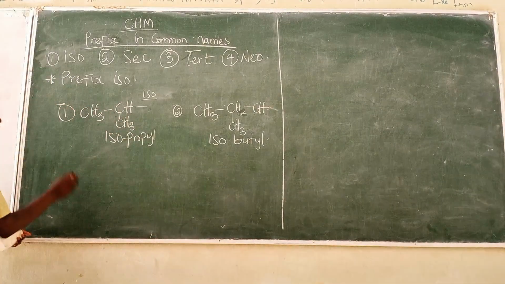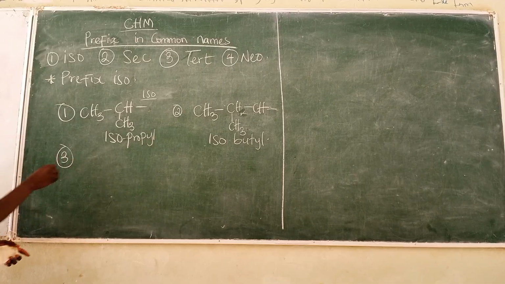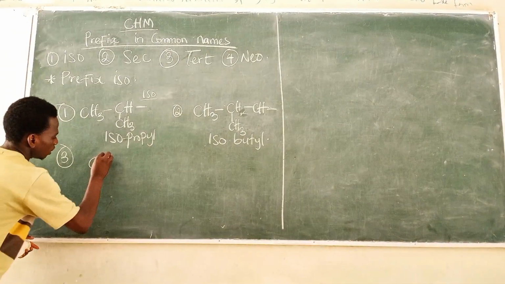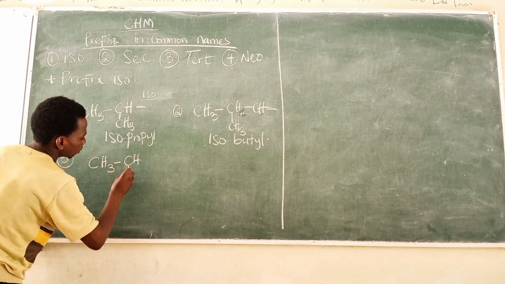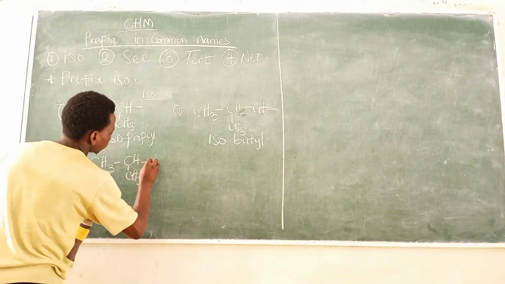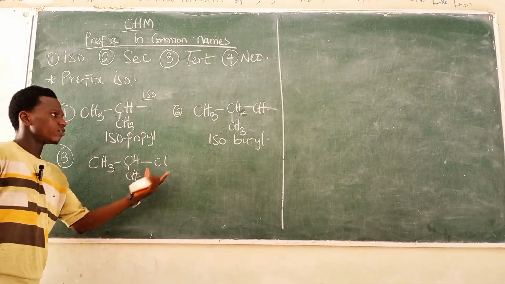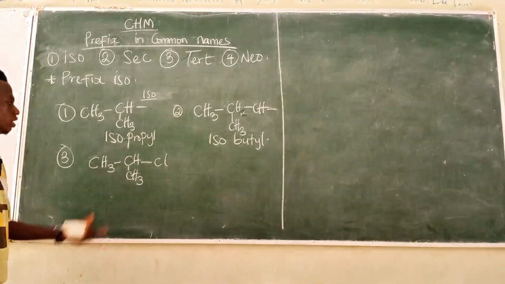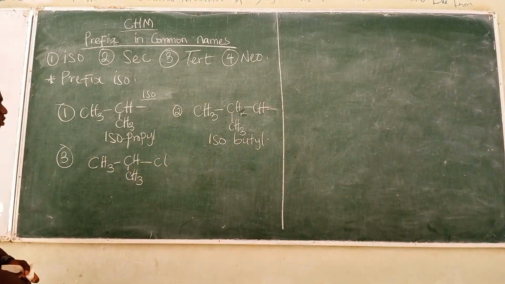Now, let's look at another example. Let's call it example 3. We have a CH3 bonding to CH, which is bonding to CH3 and is bonding to a chlorine atom. Now, let's say this chlorine atom is the parent chain in the parent organic compound in this particular structure.